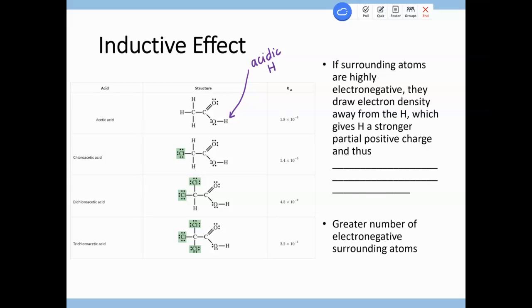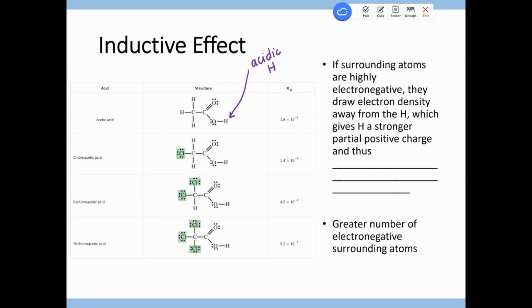There are 2 chlorines added to that carbon. The exponent is negative 2 compared to negative 3. And then with 3 chlorines, the exponent is negative 1. These chlorines are added to the molecule, but they're not directly bonded to this hydrogen. This is what we call the inductive effect. These chlorines are electronegative atoms, so this happens when electronegative atoms are bonded in the molecule, not directly to the hydrogen.